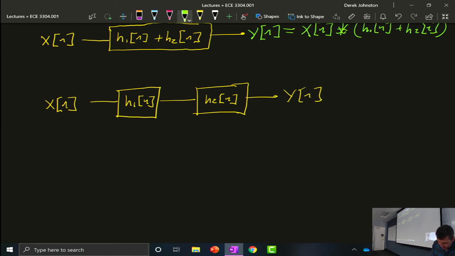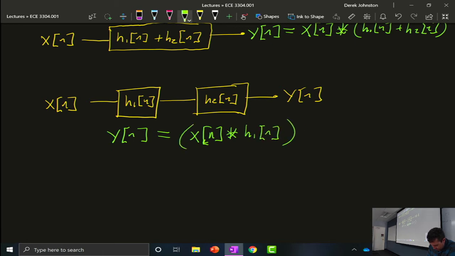My question for you guys, what is y of n equal to? X of n convolved with h1 of n convolved with h2 of n. All of them just convolve with each other. Yeah, right. So x of n convolved with h1 of n convolved with h2 of n.